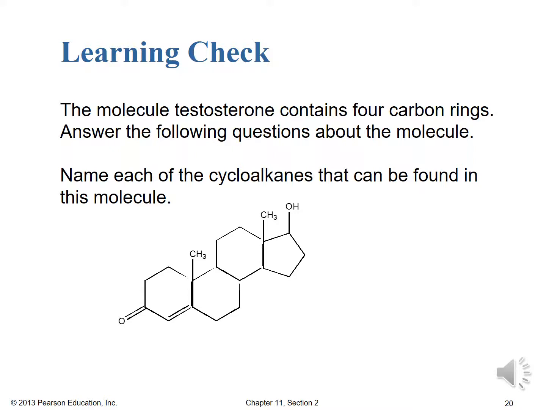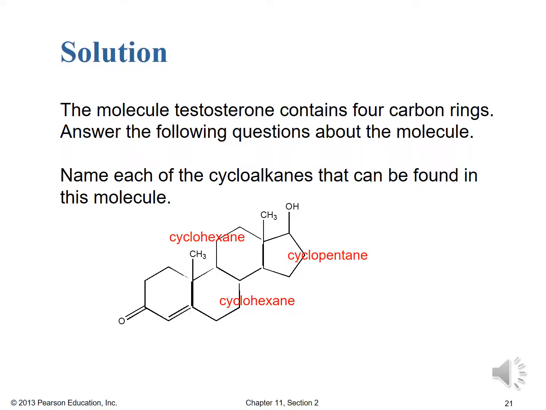Okay, it might have been a little early for such a complicated question, but hopefully you did pretty well and you could identify at least the 2 different types. At the very far left, that last ring, because of that double bond, is technically a cyclohexene, so I didn't include that.